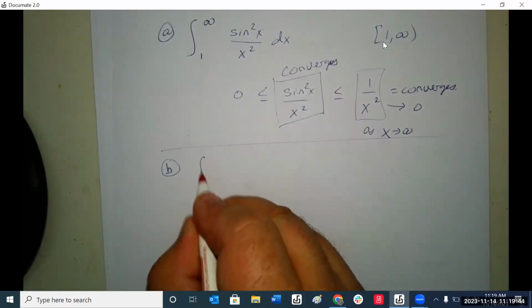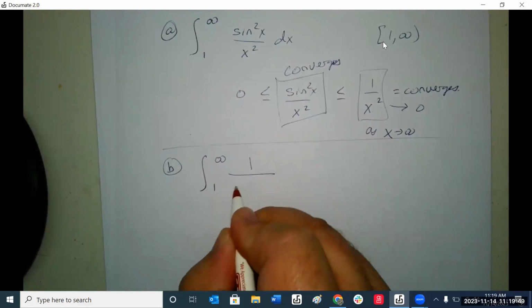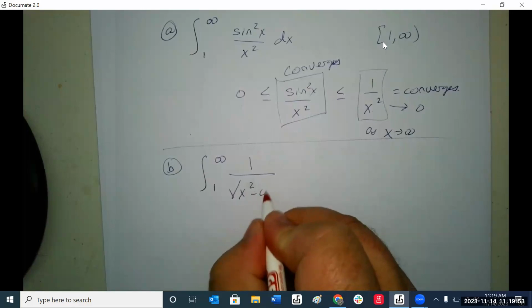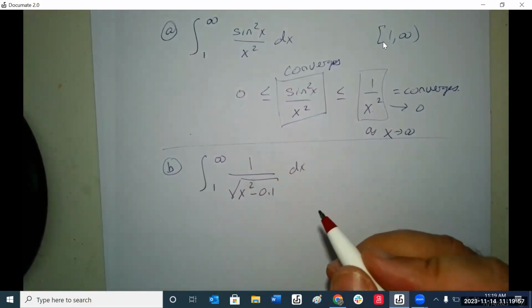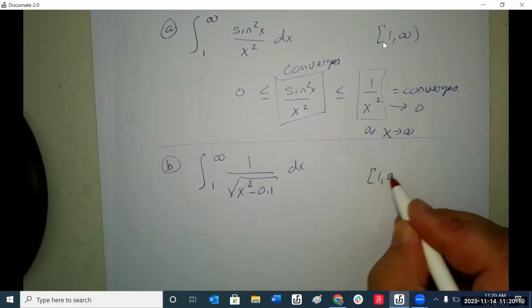The next one, from 1 to infinity, of 1 over the square root of x squared minus 0.1. We're on the interval 1 to infinity.